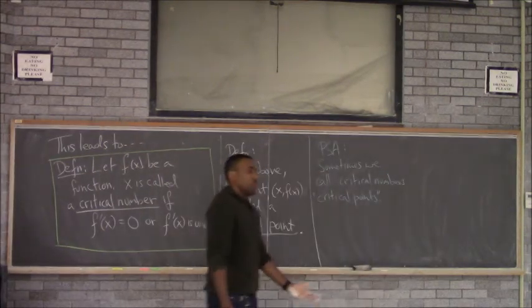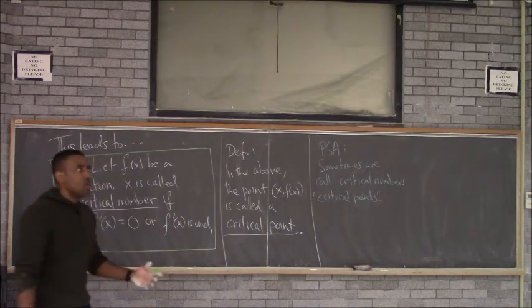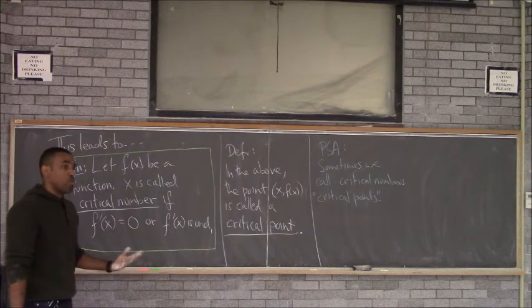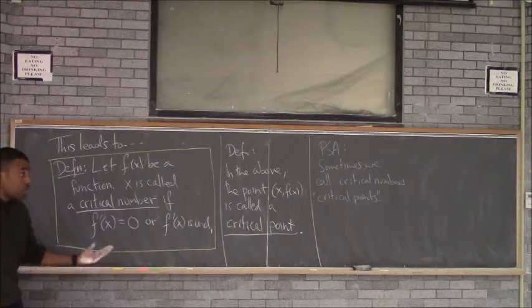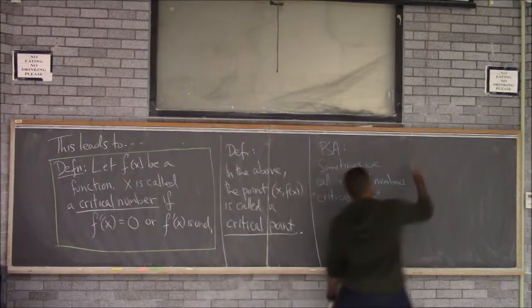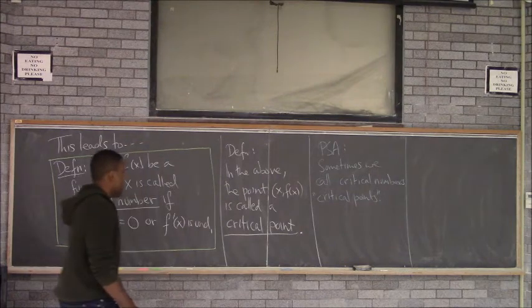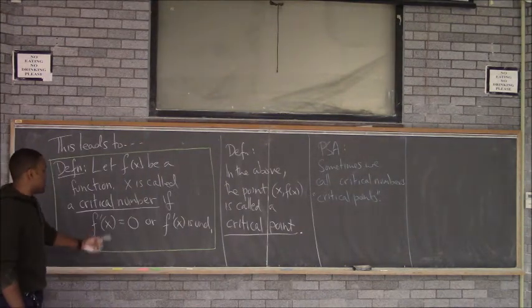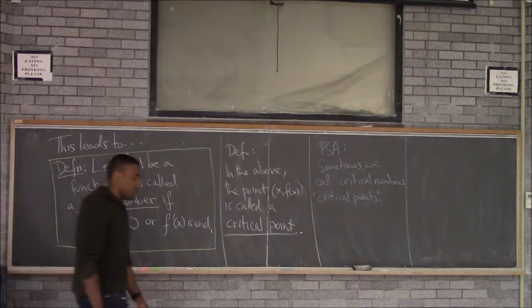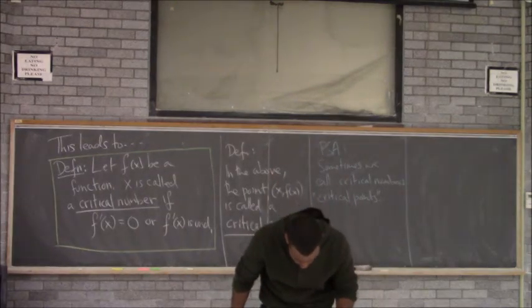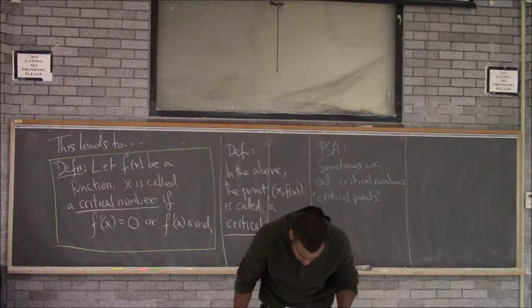So someone said, oh, there's a critical point, x equals 1. We know the point technically is 1 comma something else, but we might just say critical point when we're really talking about the critical number. And that's just tradition, I guess. That's what we would call it. Okay. But the values where the derivative is 0 or undefined are very important values for us to know about because they tell us many things about the function, but most importantly probably, where maximums and minimums will occur.